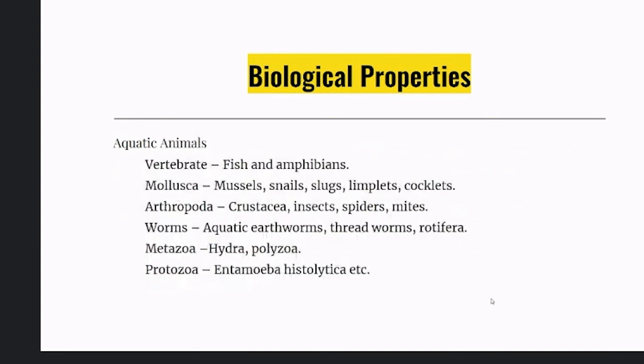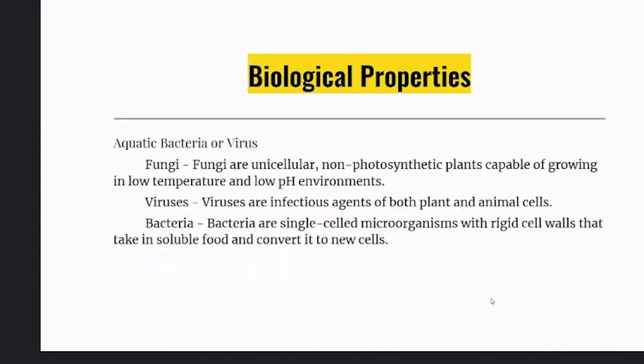Next po is yung mga aquatic animals naman. Meron mga vertebrata, mollusca, arthropoda, worms, metazoa, and protozoa. Lastly po is yung aquatic molds and bacteria naman. So meron tayong mga fungi, mga viruses, at mga bacteria na nakita sa ating mga wastewater. Yun lang po.